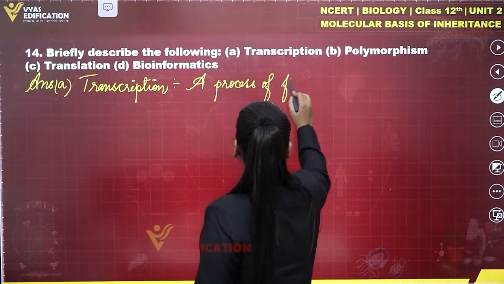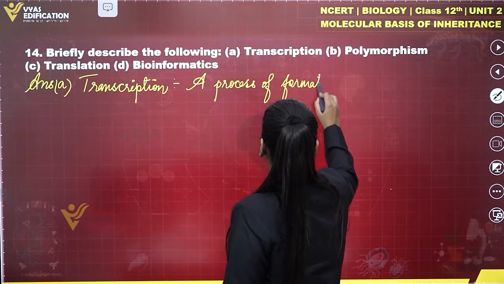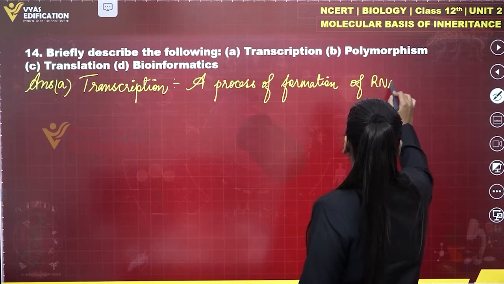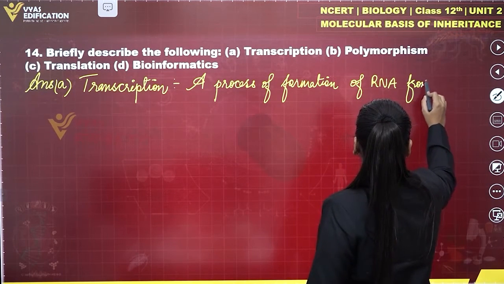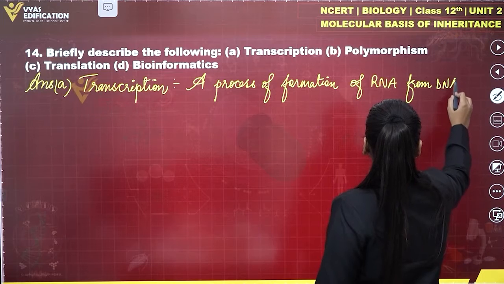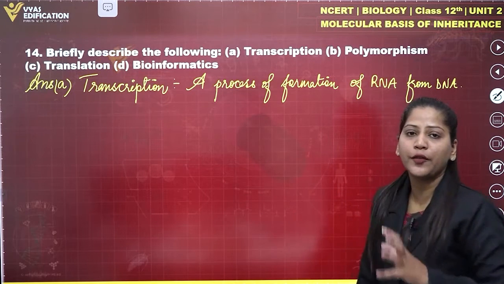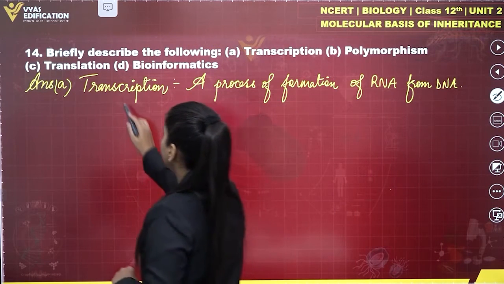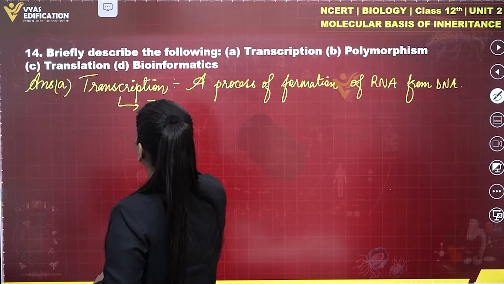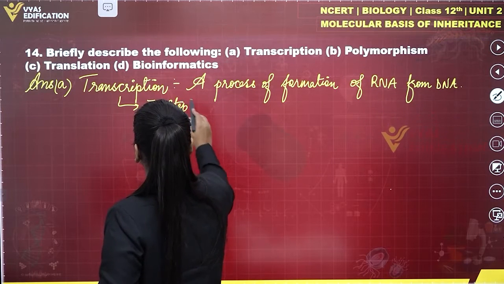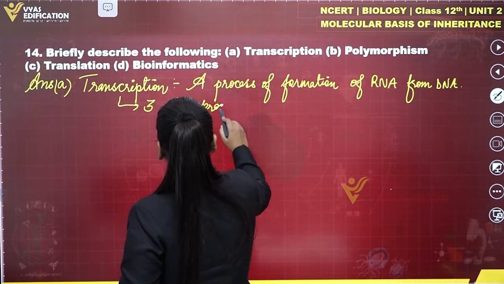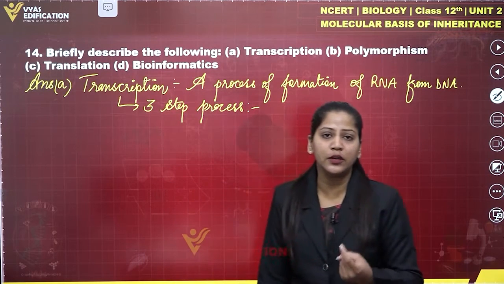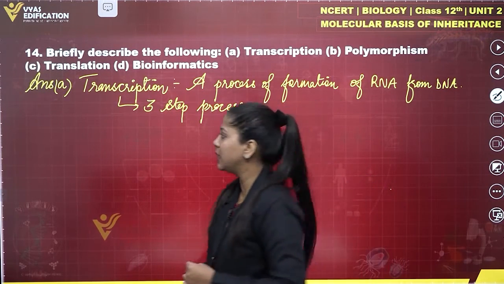It is a process of formation of RNA from DNA, and we call it transcription. It is a three-step process. What are these three steps included in the transcription? That is initiation, elongation and termination.